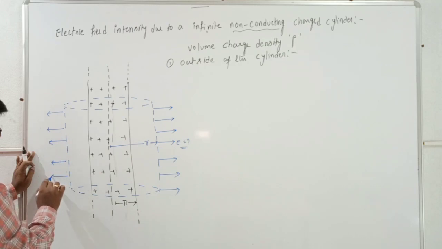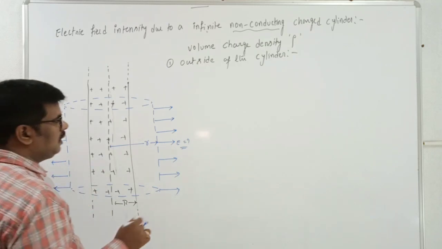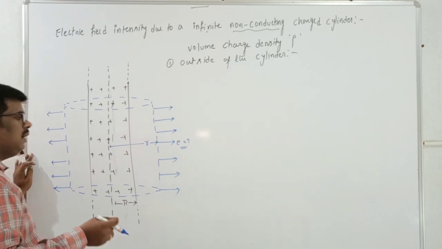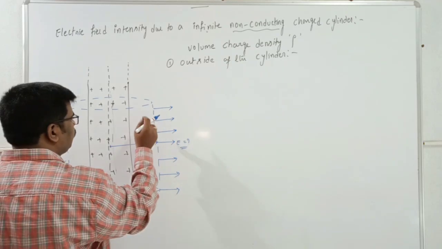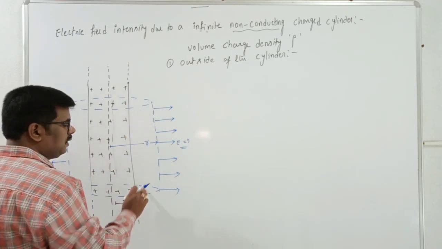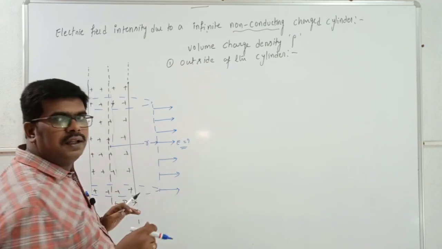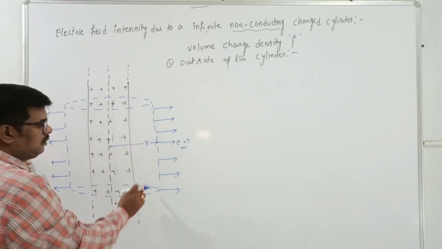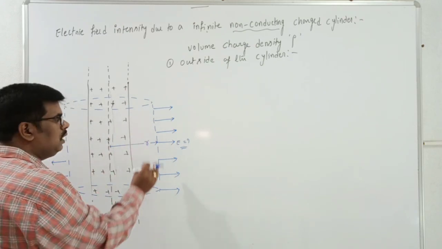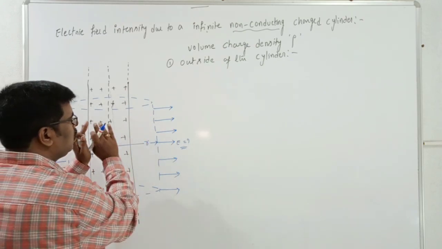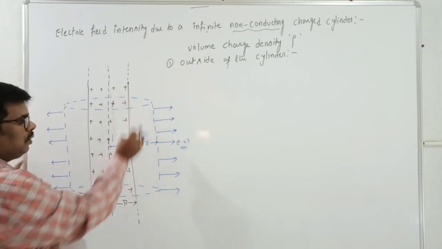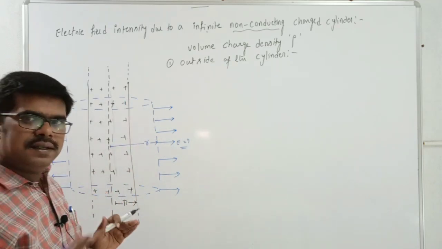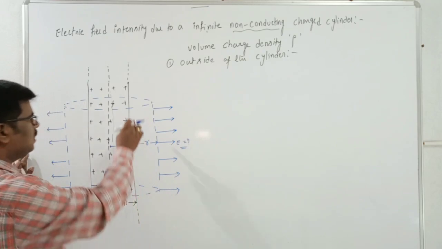Now, through these flat surfaces, the flux will be zero, as we discussed in the linear conductor case. So these flat surfaces need not be considered. Only the curved surface is considered, because through the flat surface the electric flux is zero.